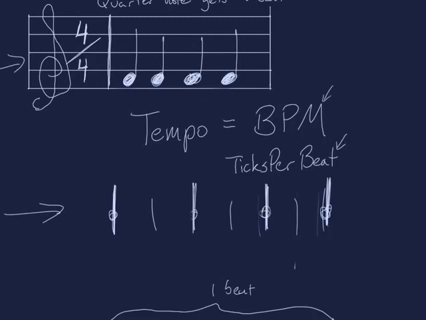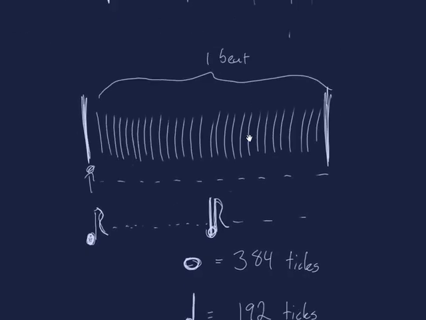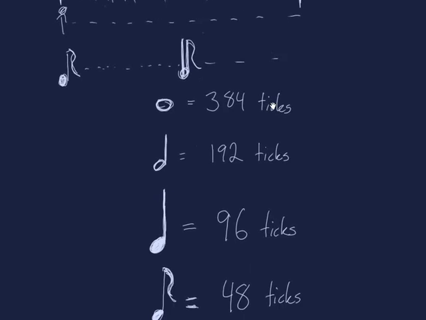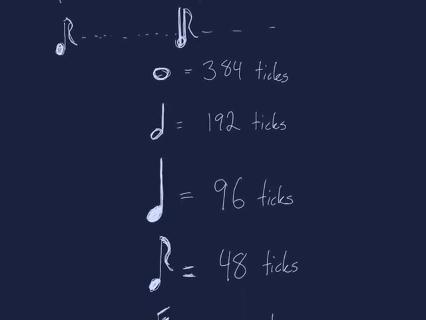And by increasing that number of ticks in between each beat, we have a higher resolution, a higher division that we can use to place notes in between each beat. And then we talked a little bit more about how that lends itself to how we're going to calculate notes, because we're going to take the different types of notes and simply assign them to a certain number of ticks.